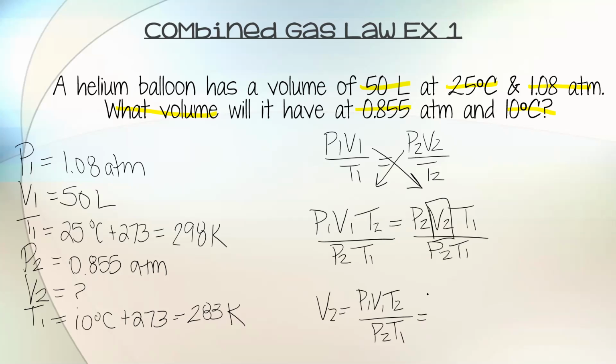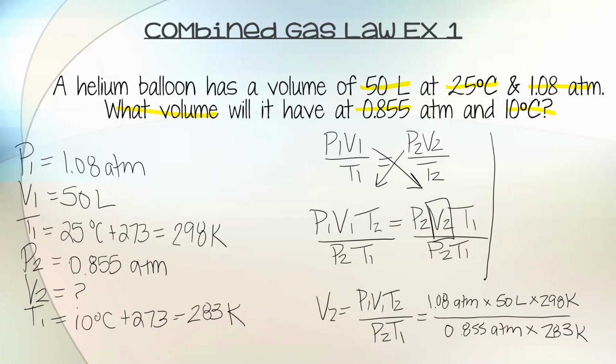So don't forget units. I have initial pressure, times initial volume, times initial Kelvin temperature, all divided by the new final pressure and the new Kelvin temperature. If it wasn't in the correct units, I would obviously have to convert before I could actually do the problem.